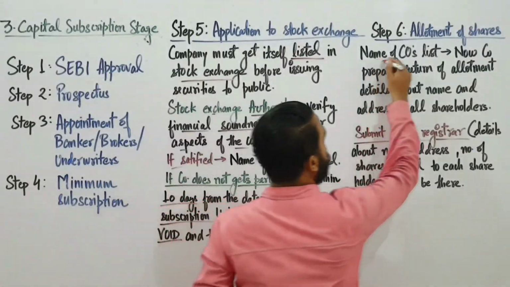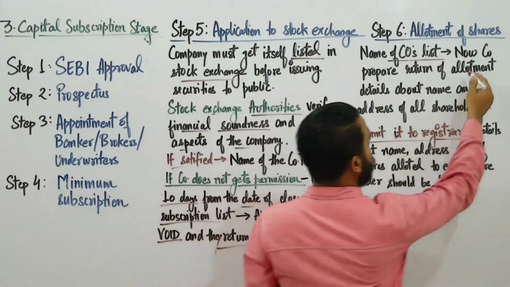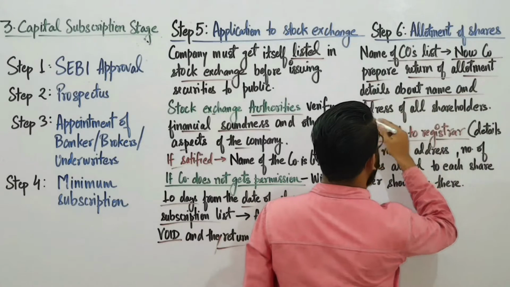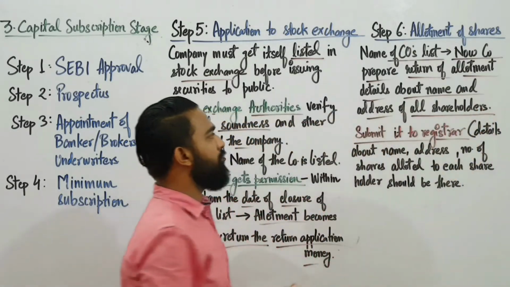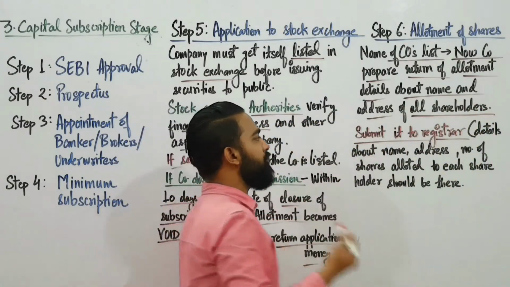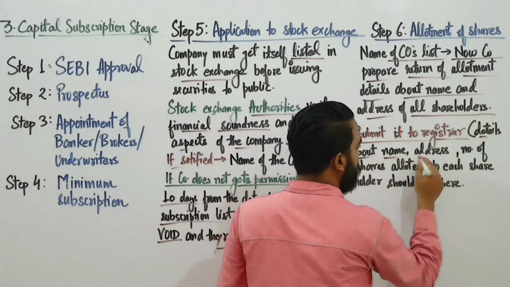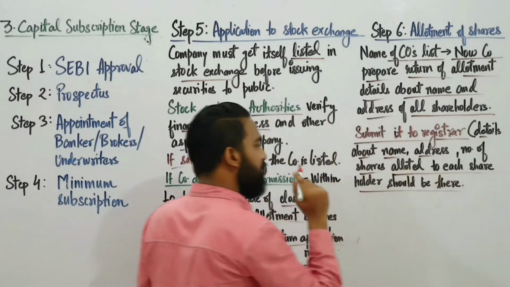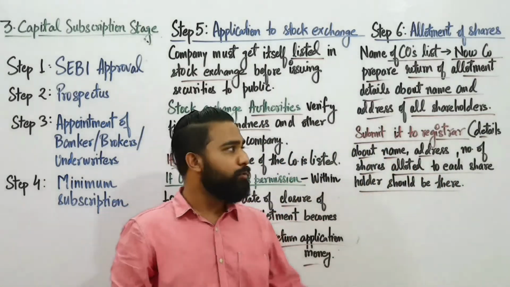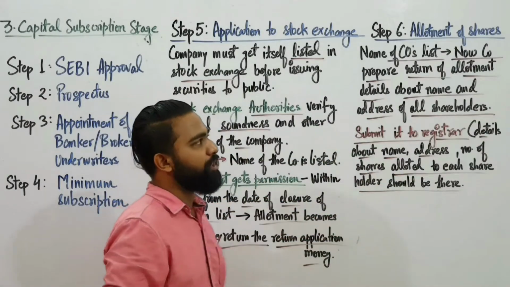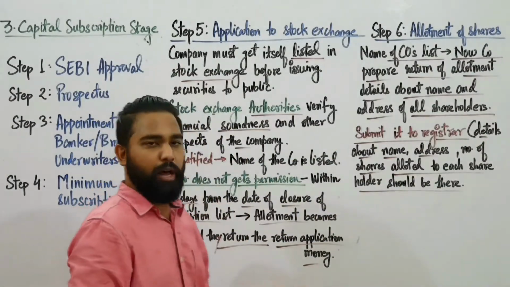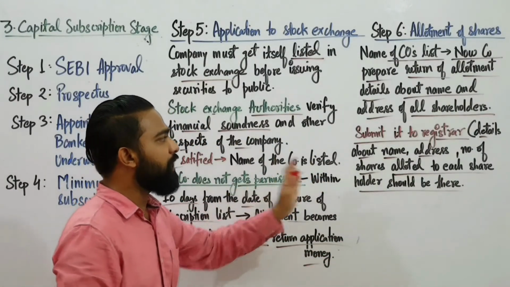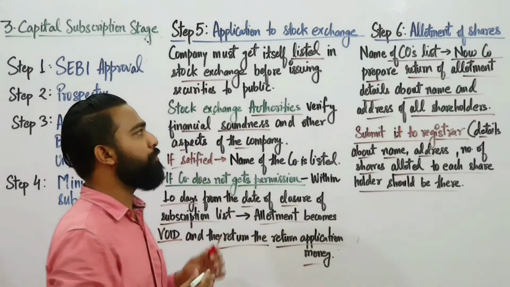The company prepares a return of allotment with details about the name and address of all shareholders, and that is submitted to the registrar, including the name, address, and number of shares allotted to each shareholder. So basically under it, the allotment of shares is done and the details about the shareholders are shared with the registrar. Fine. So that is the 6th step, which is allotment of shares.